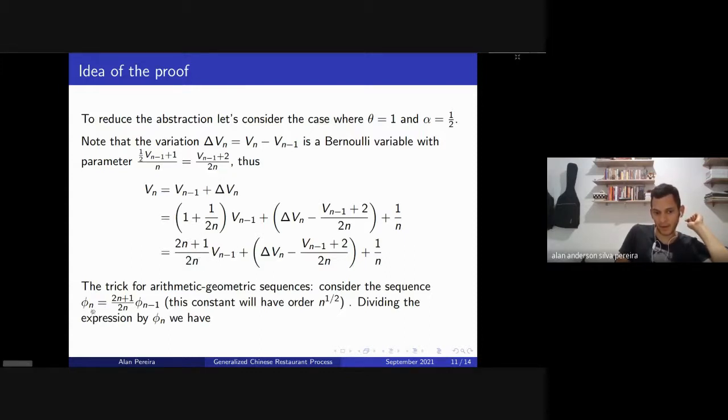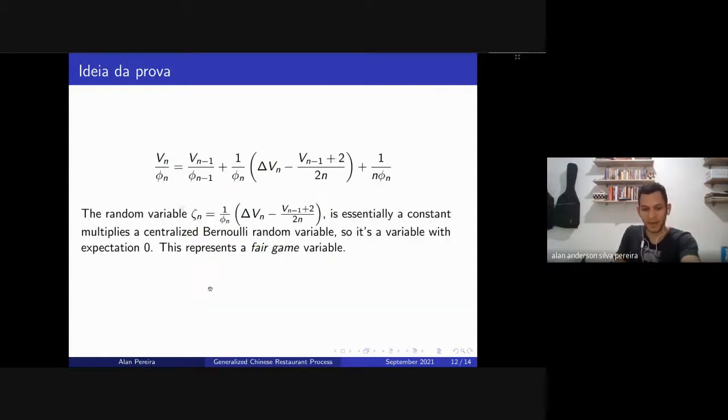We can take phi n as a product of terms like that, in such a way that when we divide the expression by phi n, we get a more sympathetic sequence, because here we have Vn over phi n, and here we have the analogue one time before.